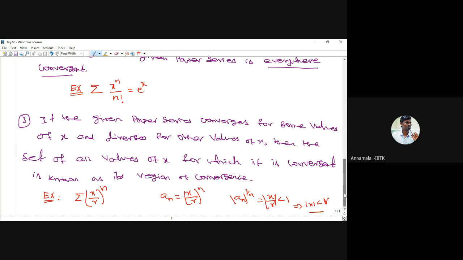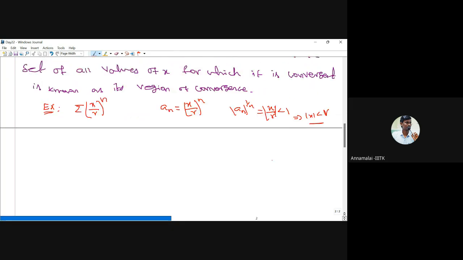Okay. So therefore, this series converges if mod x is less than r, and diverges if mod x is greater than or equal to r. Because if you take x equal to r, the r and r cancel, we get 1 plus 1 plus 1.